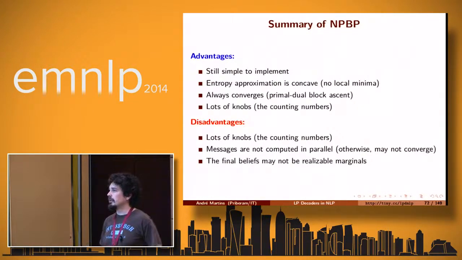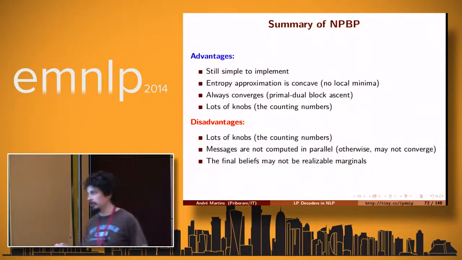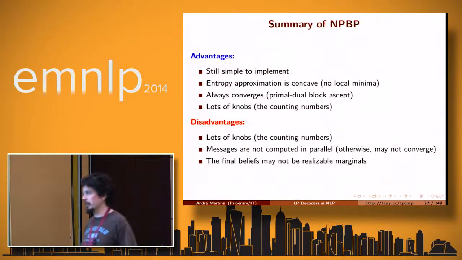All right, so here is a very quick summary. Again, we have a concave approximation. This algorithm is always guaranteed to converge. There is a relation between this procedure and an optimization procedure called primal dual block ascent, which is like a coordinate descent algorithm. But for convergence to hold, we need to use a different schedule of the messages that prevents us from computing these messages in parallel.